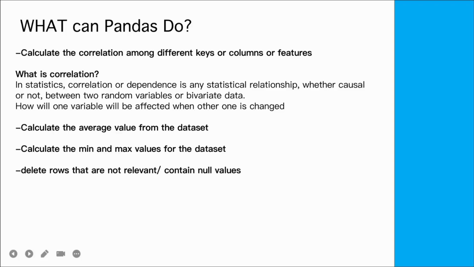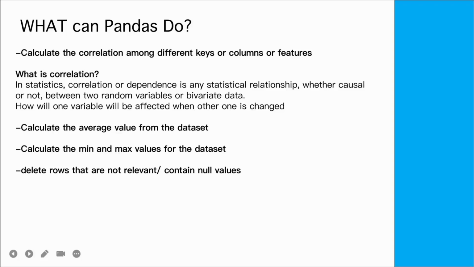In simple words, it means how one variable will be affected when the other one is changed. The second one is calculation of average values from the dataset, calculation of the minimum and the maximum values of a column in a dataset, and deletion of rows that are not relevant or contain null values. This comes under data cleansing. The second and third points come under data analysis.